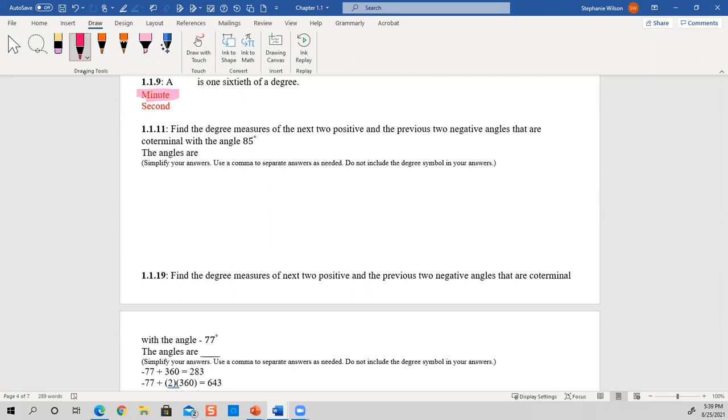So we use, remember that formula we had earlier? It was, let's see, and I'm doing this from memory. I believe it was little m plus k times 360 degrees. Oh yeah, I forgot the k.